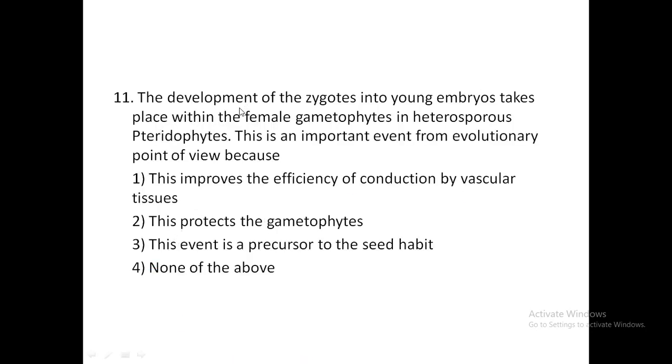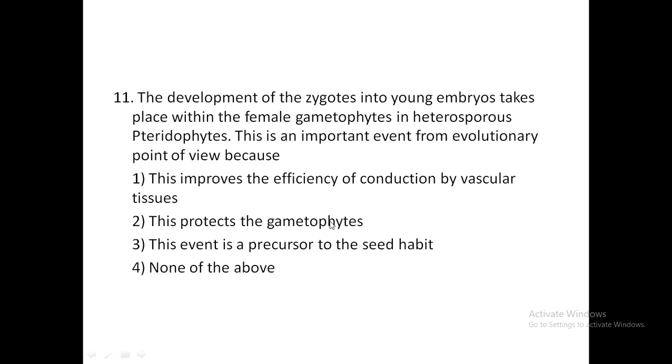Now, the development of the zygotes into young embryos takes place within the female gametophytes in heterosporous pteridophytes such as Selaginella and Salvinia. This is an important event from an evolutionary point of view because this improves the efficiency of conduction of vascular tissues. No, it has nothing to do with this.